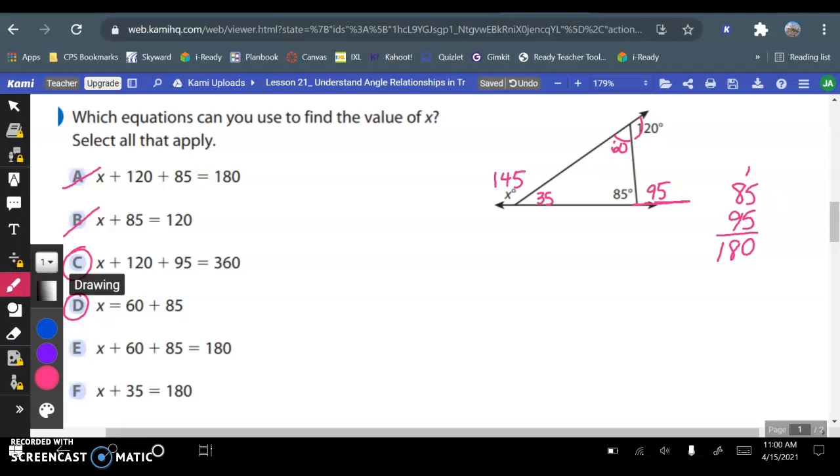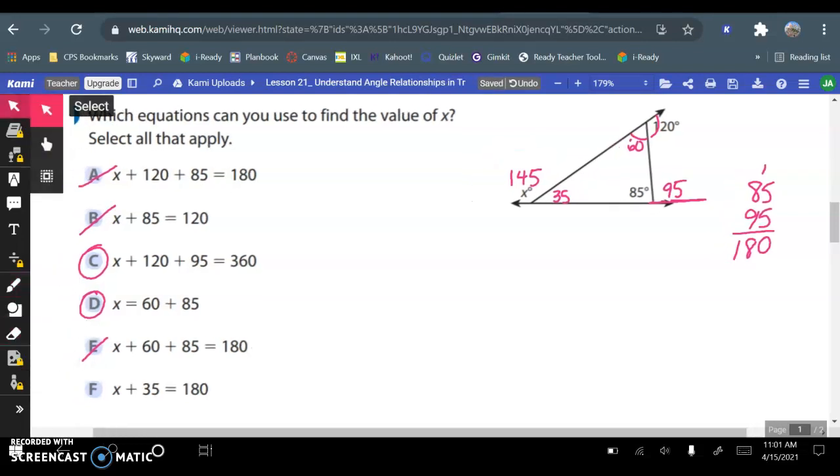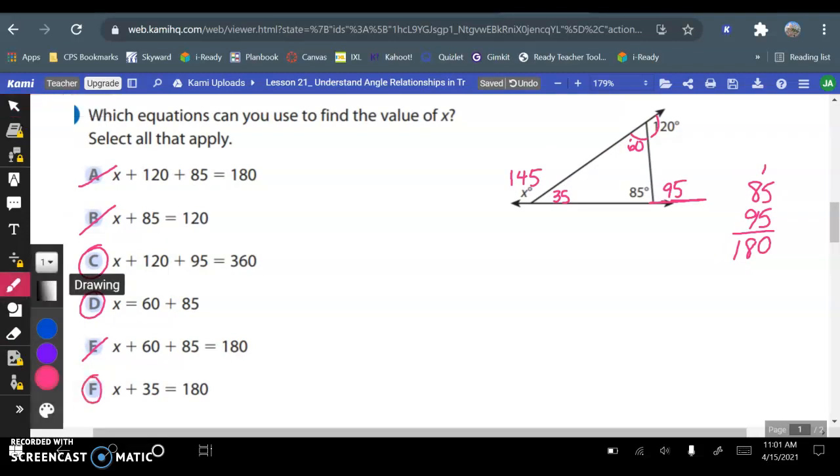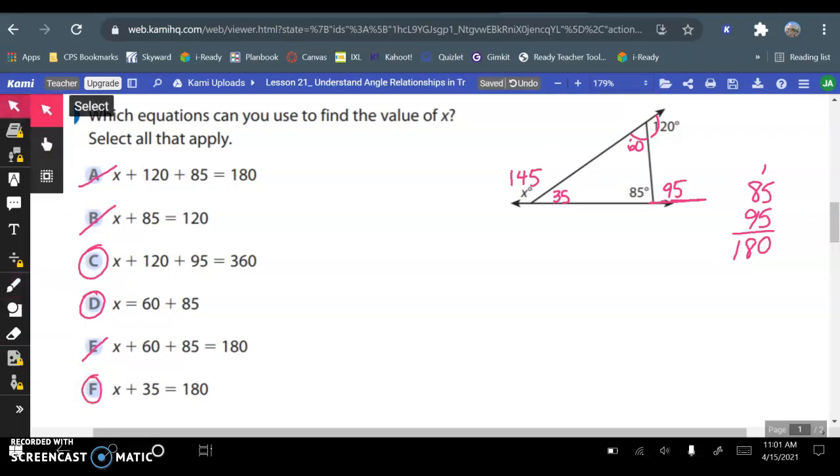No, that's not the case. The two opposite are going to equal the exterior angle, that X, that 145. So that doesn't work. And then they're also saying X plus 35 is going to give me 180. So if I add these two together, will I get 180? Yes, I will, because those are a straight line. So I really suggest filling in what you know, and that makes it a little bit easier to look at these.